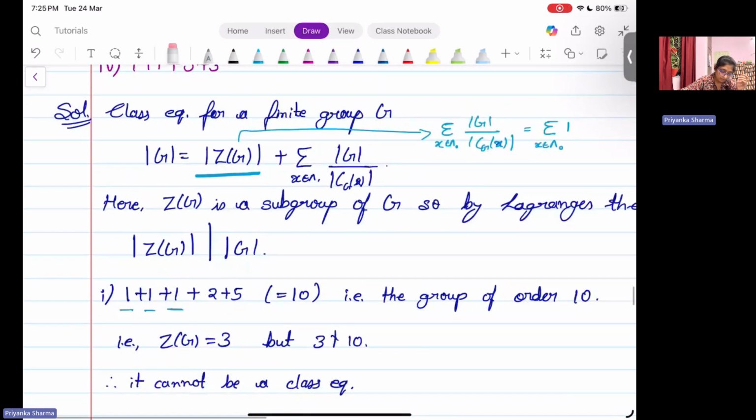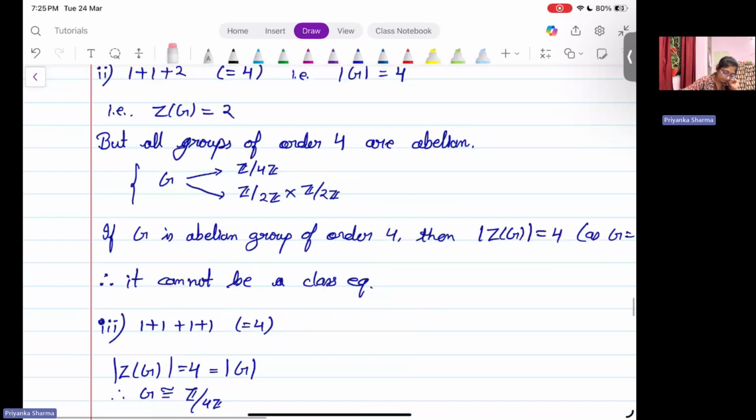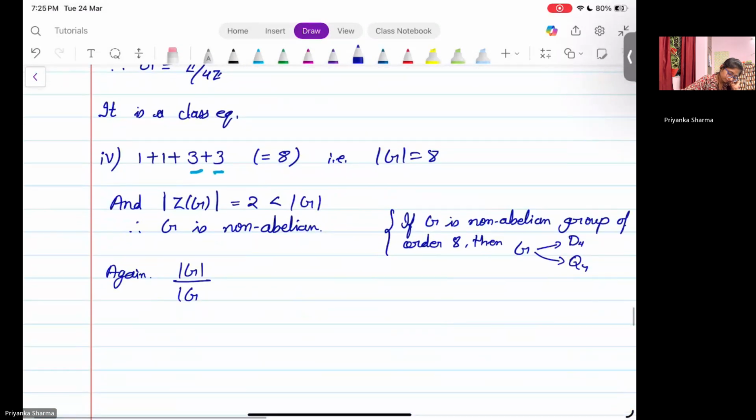It means the centralizer, or this ratio, must be 3, and the group is of order 8.